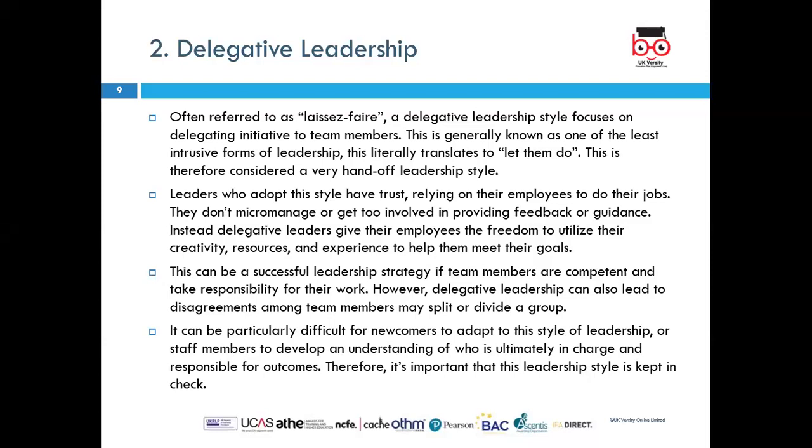It's like letting them do what they can do, and it's giving more authority to the people who are working with you. The leaders who adopt this style have a lot of trust, and they rely on their employees to do their job. They're not pointing towards a particular person, following that person, and not micromanaging those people.